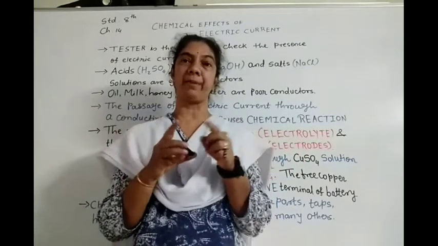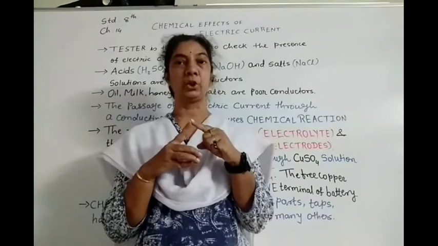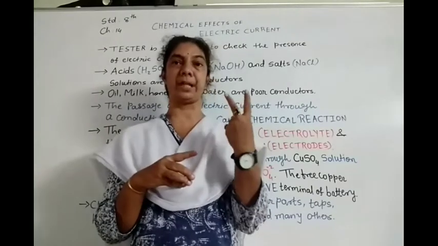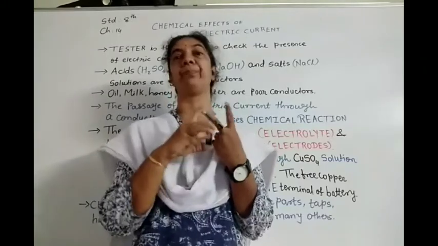And if we have different charges, they will attract each other. So based on this, we can say that we have two types of charges, one is positive and one is negative.